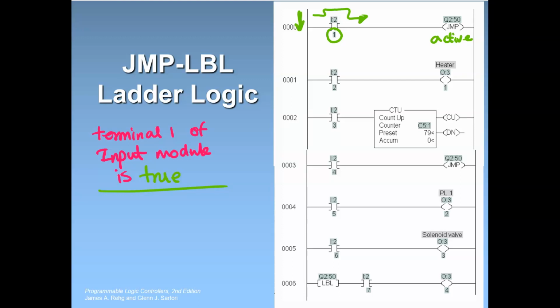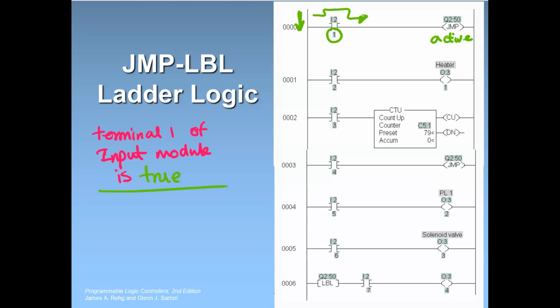Because the jump is active, and you can see that this jump is an output instruction, it has a reference number on top of it, which is Q2:50. The program will look for a label, which is supposed to be the very first instruction at the beginning of the rung, with the same reference number. So here, this is not a label, this is not a label, this is not a label, same here, same here.